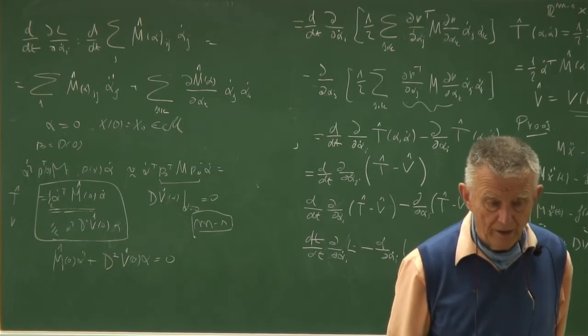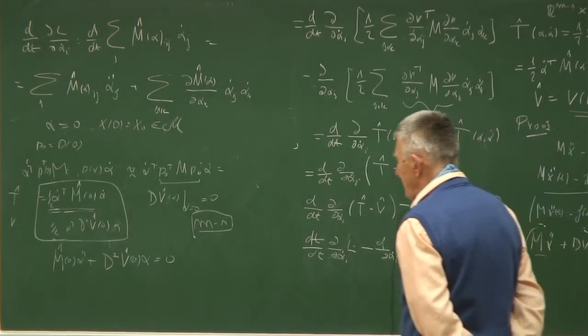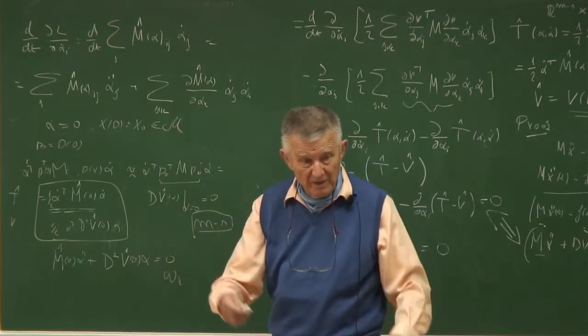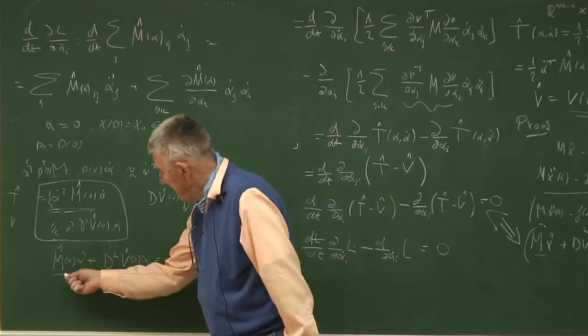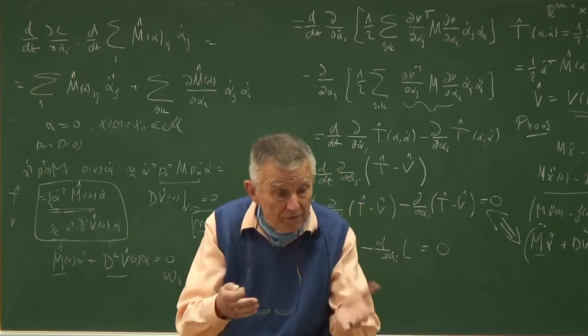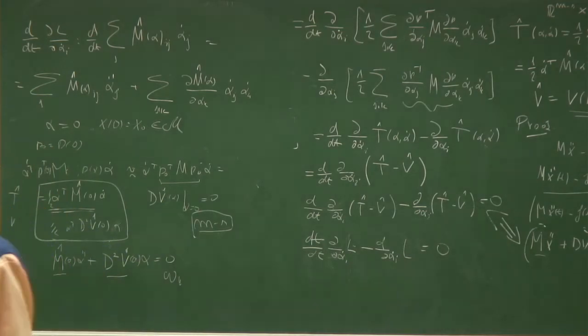Just the same thing. Well, the question now arises, you will get some frequencies here, omega k. And those will depend on this matrix and this matrix. They will be the eigenvalues of the matrix pair. But those matrices depend on the parameterization.